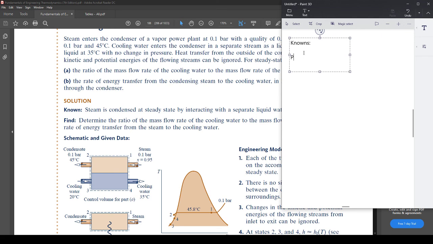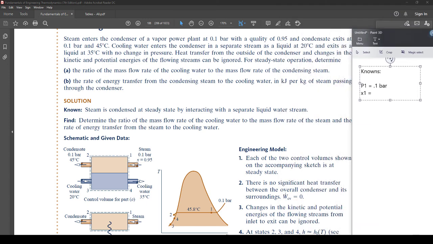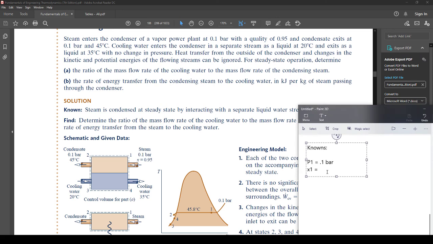So we have pressure 1 is 0.1 bar, and they've given us a quality of 0.95. Then it says condensate exits at 0.1 bar and 45 degrees C.